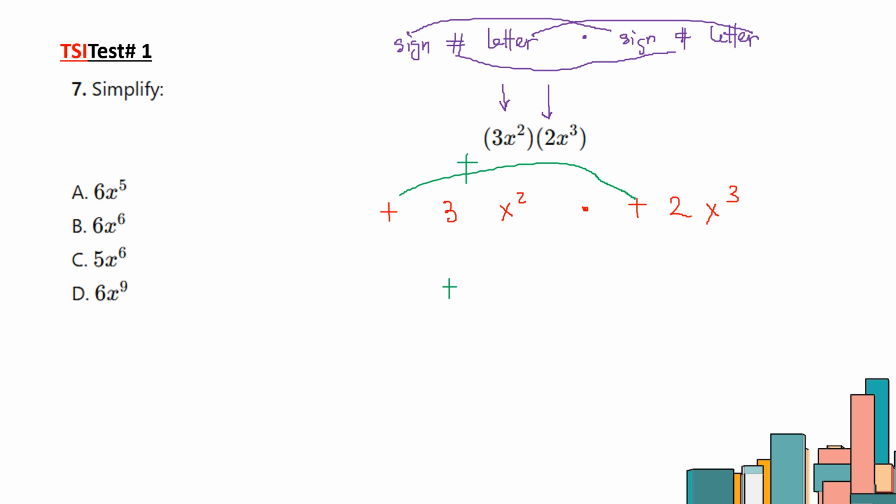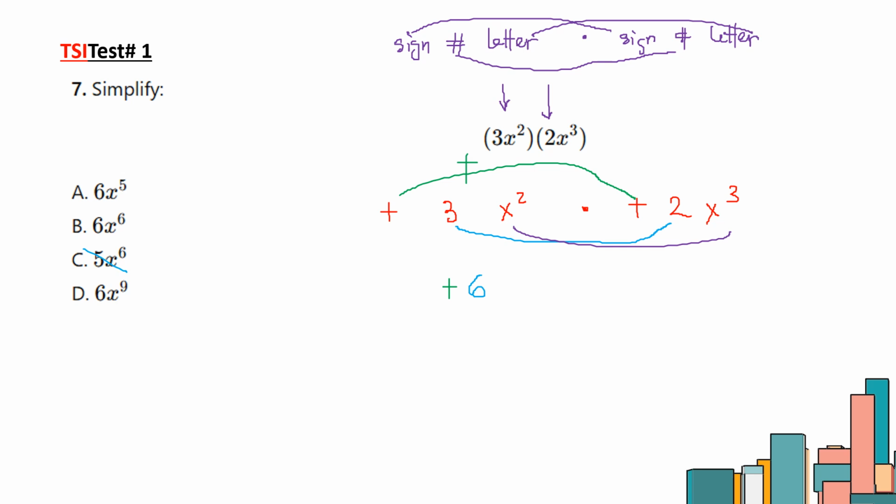Now we have the two numbers, 2 times 3 is 6. So this choice is gone, because it has to be 6 of something, right? The last part is x squared times x cubed.